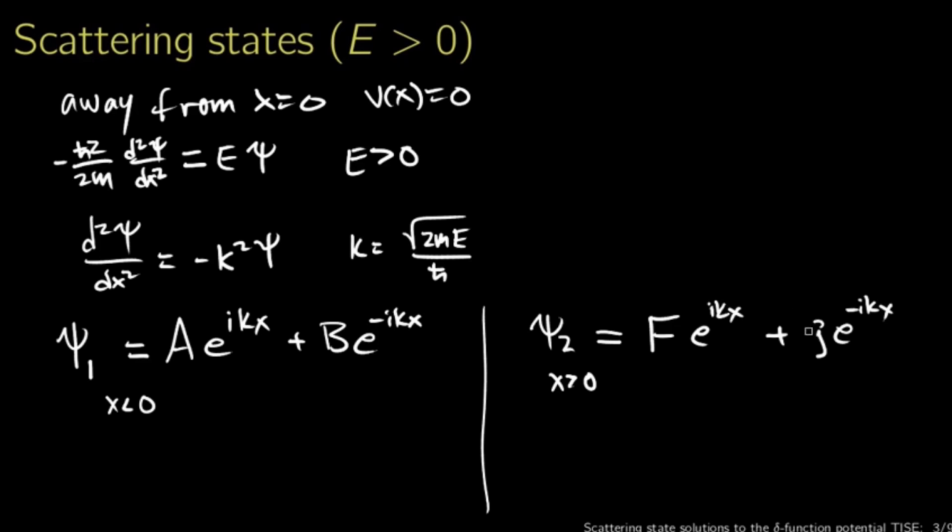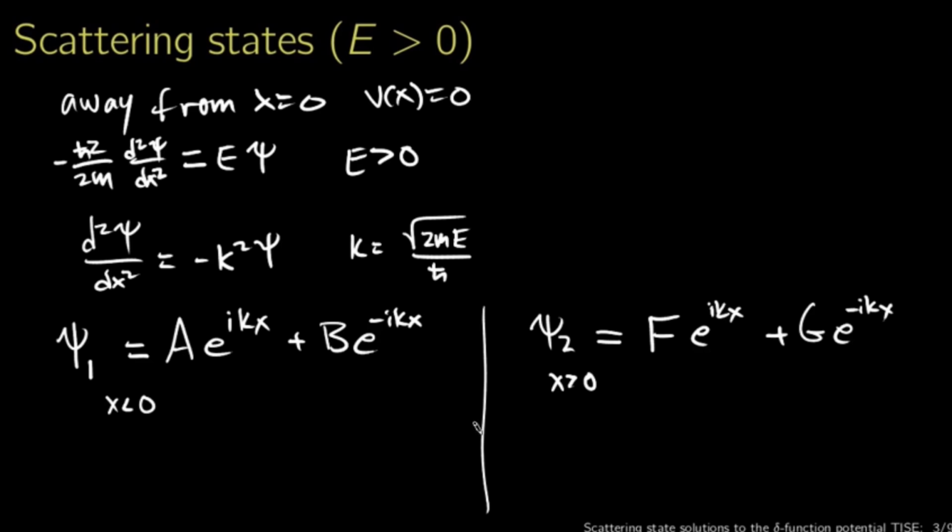I should write this as a capital G, sorry. Instead of saying C and D, I've jumped ahead to F and G to eliminate any possible ambiguity if we have to assign future constants, for example, E. So we have our two general solutions covering regions for negative x and for positive x.